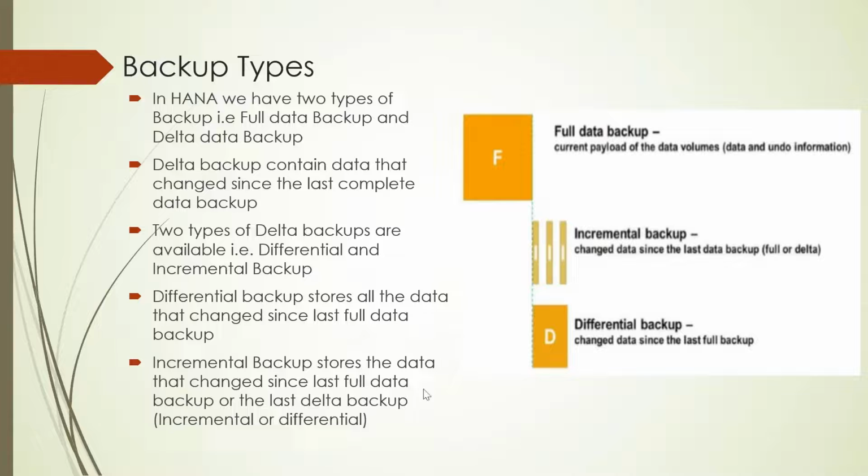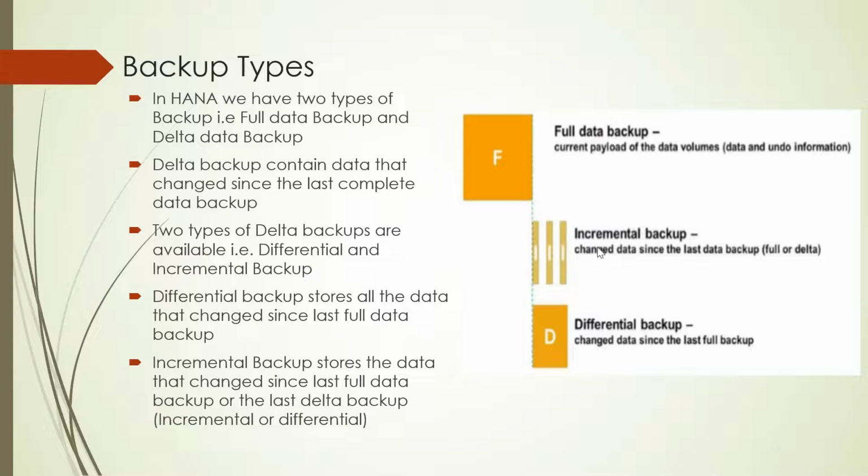Any other questions? But when we recover, we can recover any one of them, right? No, we have to recover in sequence. First the full, and then either incremental or differential. If you have a full and then 5 incremental backups, you restore the full, then you restore the incremental backups.